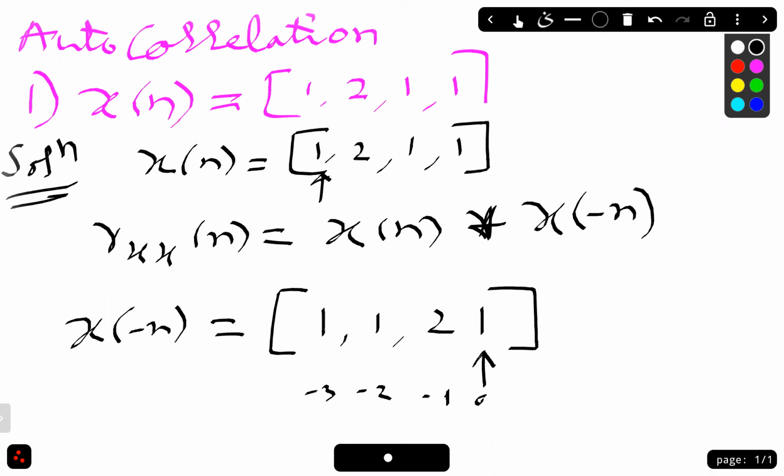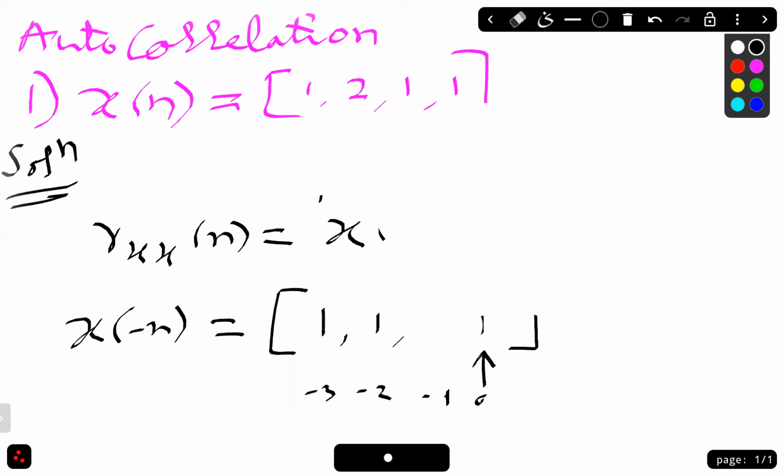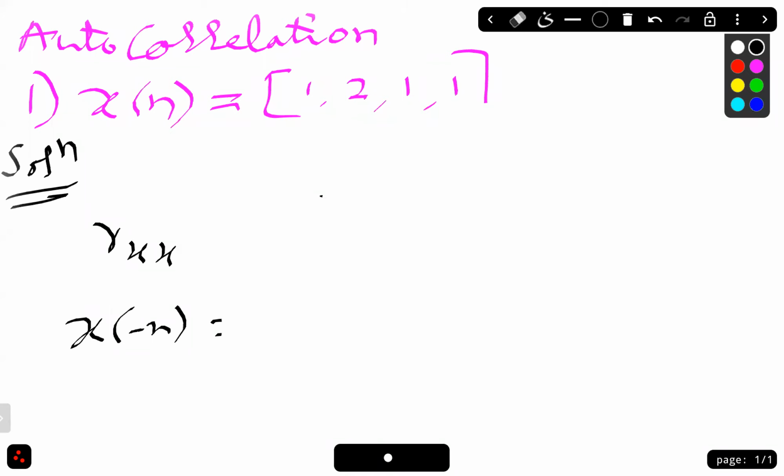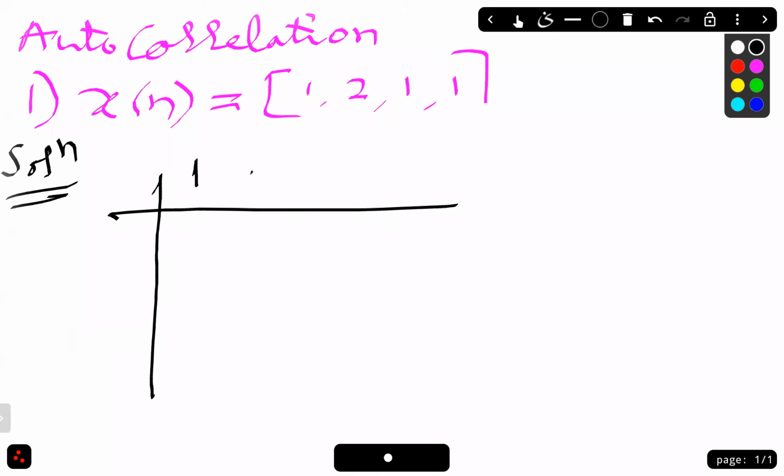Now follow the same procedure of a tabular column, then you just solve it. With the tabular column, you just solve it in your notebook and tell me the answer. So here we are writing 1, 2, 1, 1, then again 1, 1, 2, 1.